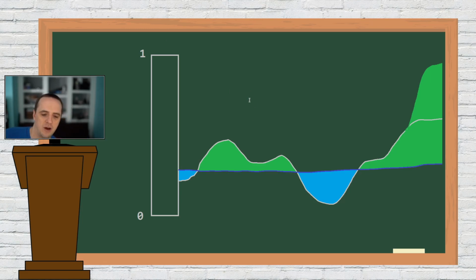Okay, so now I have this, and this is sort of what I want. So what I'm going to have is a water level value. Water level equals, and what is it here? 0.3? Let's just call it 0.3.